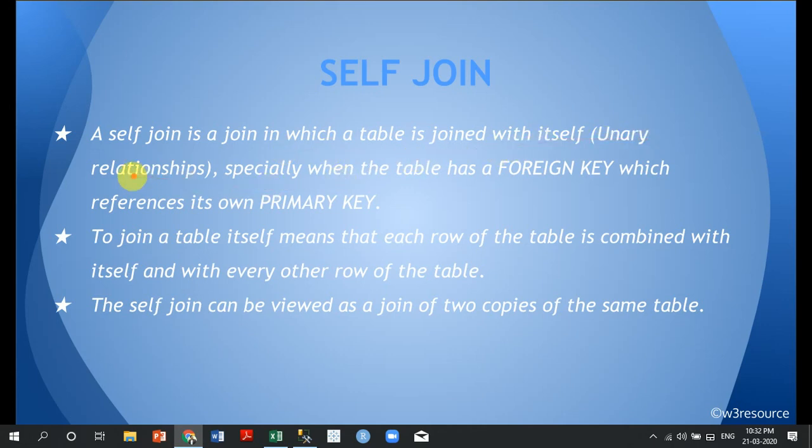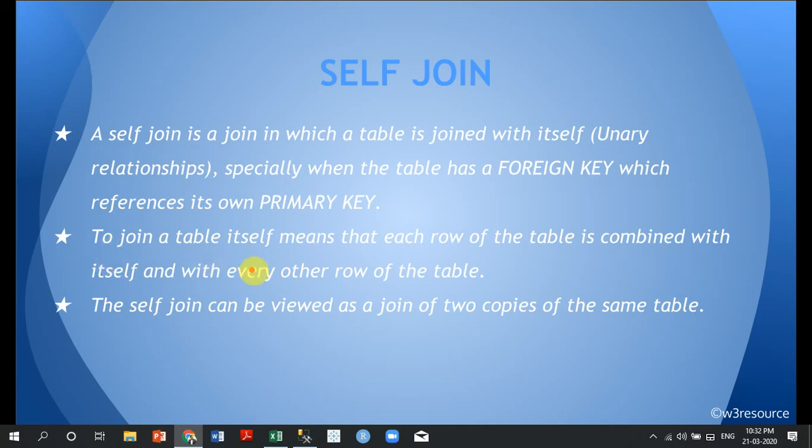It is a unary relationship because the table is getting joined with itself, especially when the table has a foreign key which references its own primary key. If there is another table which has a foreign key referencing the primary key, then you can perform a join operation between both the tables.